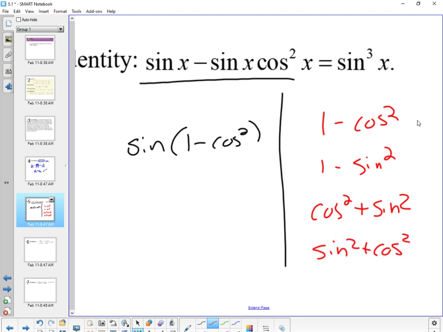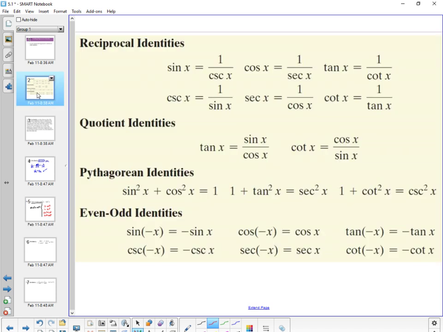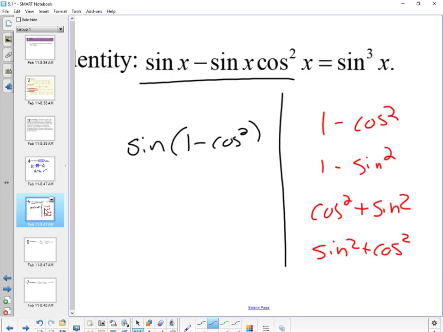If you see any of these things, you see how they're related? What do they all come from? Pythagorean theorem. They are all Pythagorean theorem relationships. And you guys know this one, right? y squared plus x squared equals 1, which is 1 squared. All they did, on our problem, was subtract the cosine to the other side.